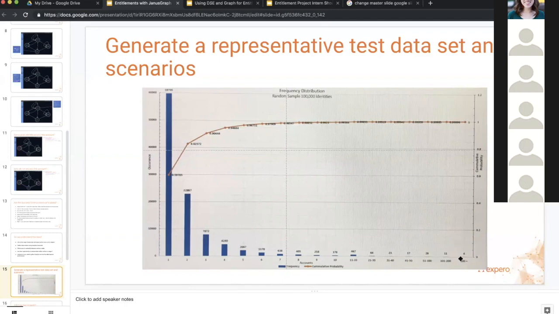So what's important is that you take this test data set, you generate the tests that you're going to execute. So let's just say the identities here, and you have that distribution of that identity set reflect the reality of the real use cases.